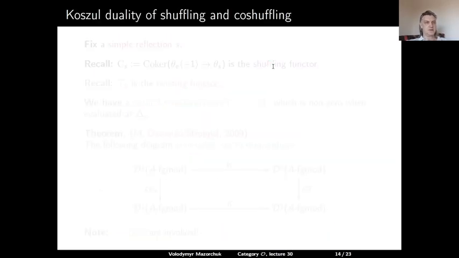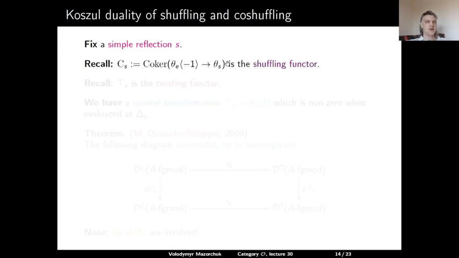Now we can discuss Koszul duality of shuffling and coshuffling functors. Let us fix a simple reflection S. Then we have the corresponding shuffling functor Cs defined as a cokernel of the unique up to non-zero scalar natural transformation from the identity shifted by minus 1 to theta s.